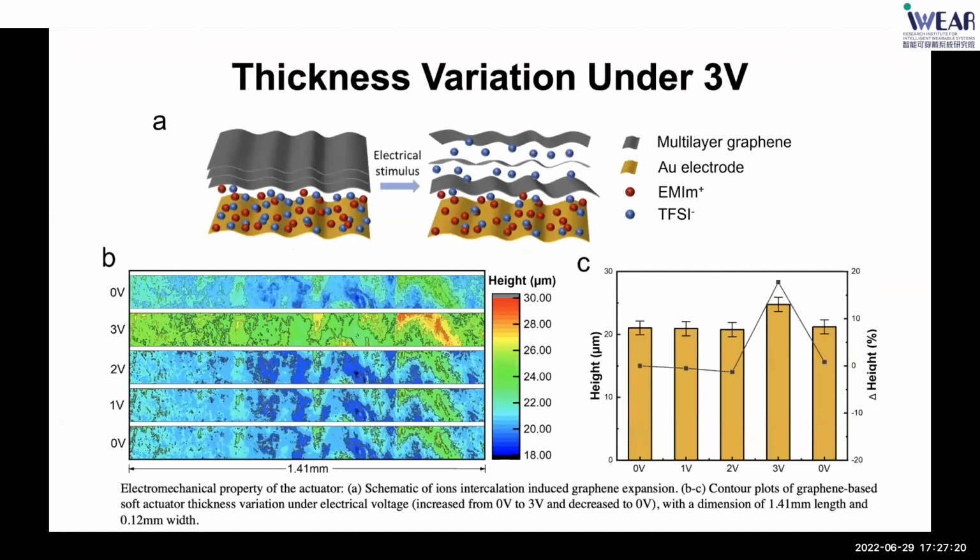And obviously, we can observe the actuation. The actuation is presented by the thickness vibrations at 3 volts, and we can see that after only 2 volts, the vibration can be brought out.